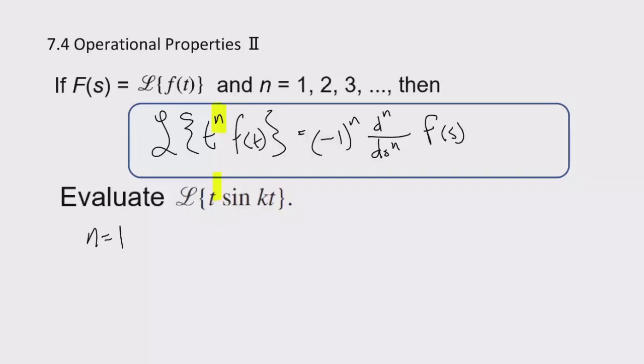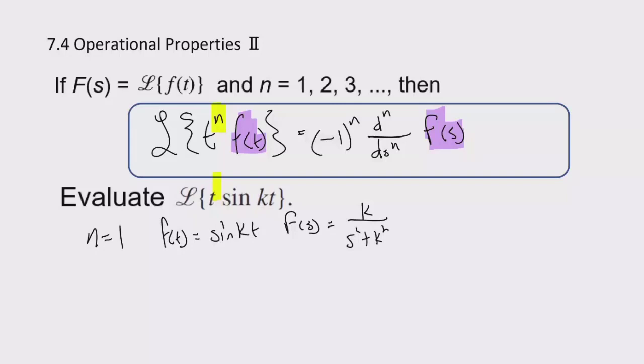I should probably figure out what f of t is. So that piece right there, because that's going to correspond to the appropriate transform. So in this case, f of t would be sine of kt, and so the appropriate transform there would be k over s squared plus k squared.